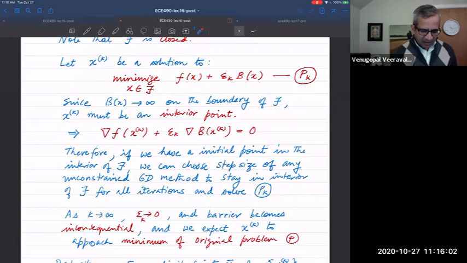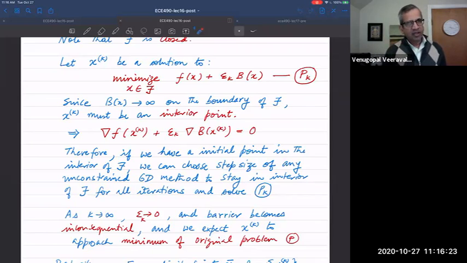If the minimum of this combined function is in the interior, you can find that solution using gradient descent, and then you successively make epsilon smaller and smaller so that you approach the solution to the minimization of f(x).